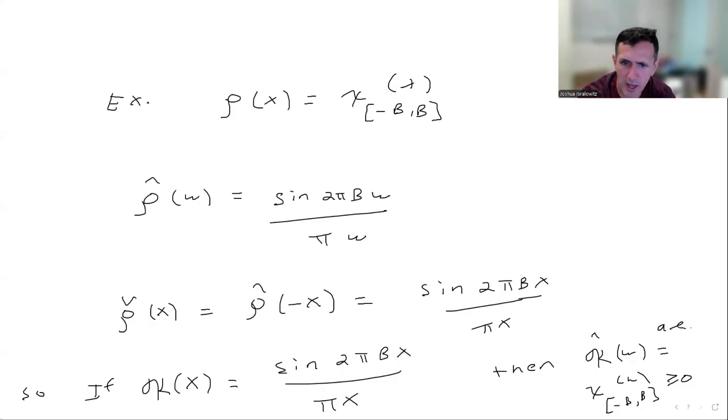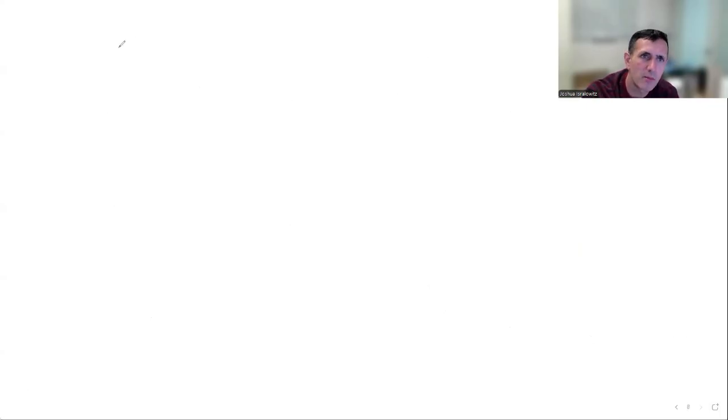And it's the same conclusion: if k of x,y is script k of x minus y, then that is positive. Here, obviously, x is in the real line, not R^n. So the conclusion is that this Paley-Wiener kernel is positive.